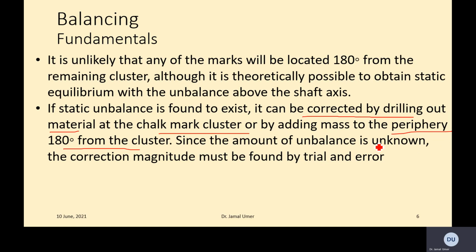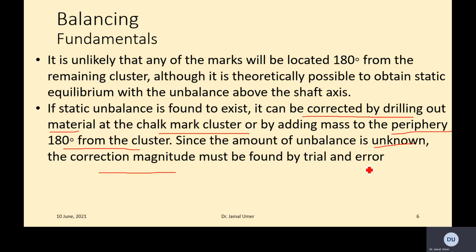Since the amount of unbalance is not known, the correction magnitude must be found by trial and error. In this problem, because we don't know the exact location and exact amount of mass to be added or removed, this is more like a trial and error method to do the balancing, which is quite difficult.